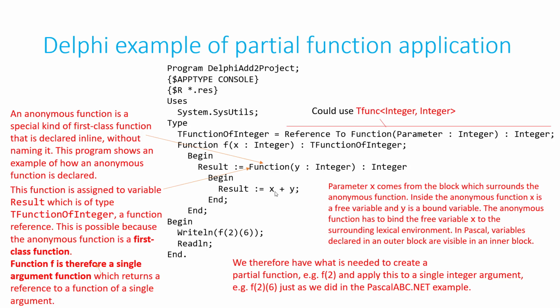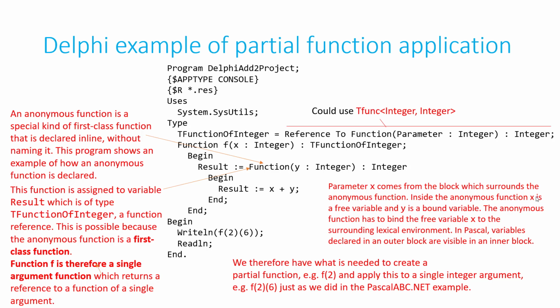It adds x to y. Now parameter x is not in this interface here. It's not a local variable here. So it's actually the x that is defined here. So x here comes from the block which surrounds the anonymous function.